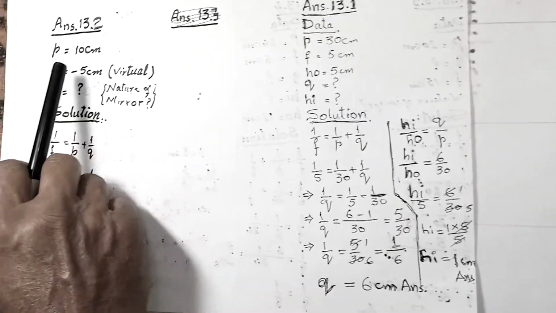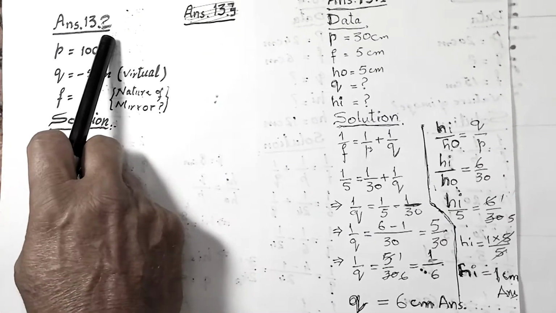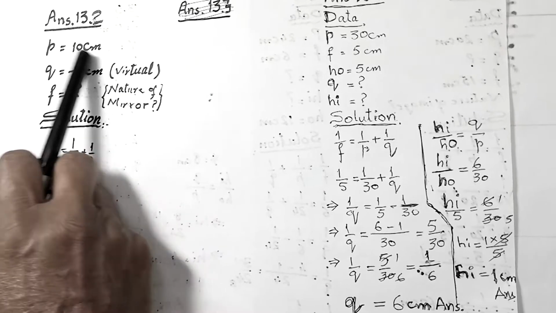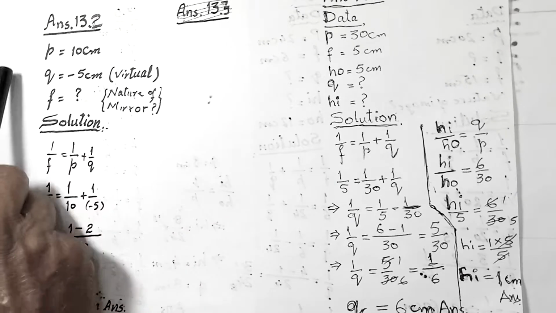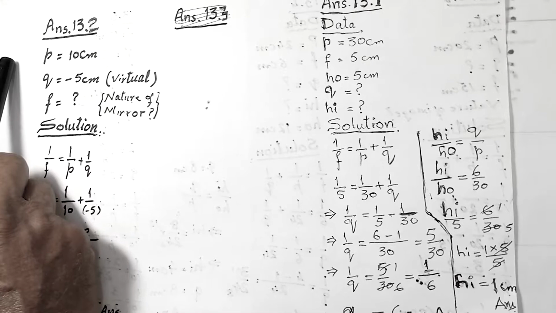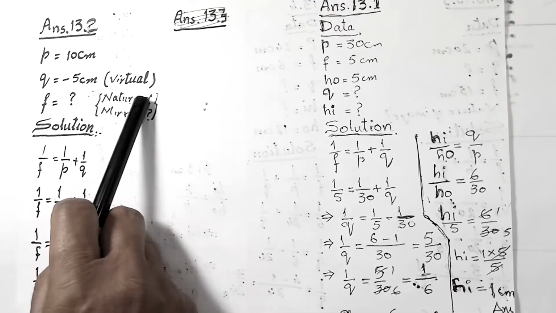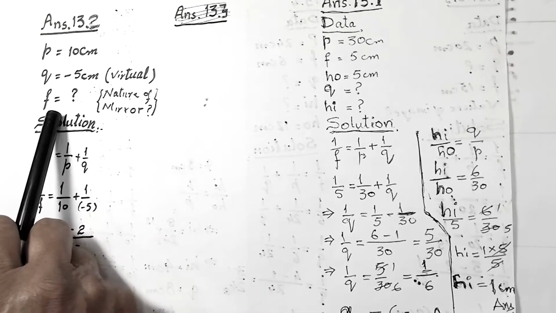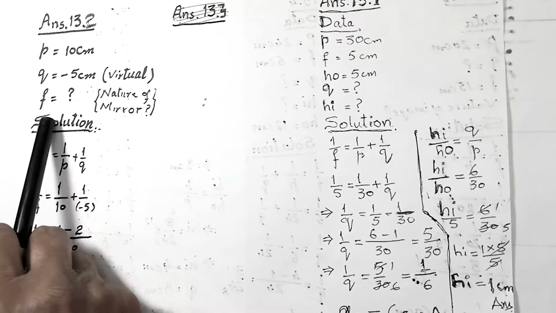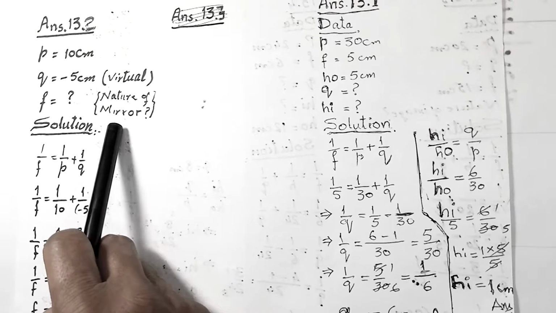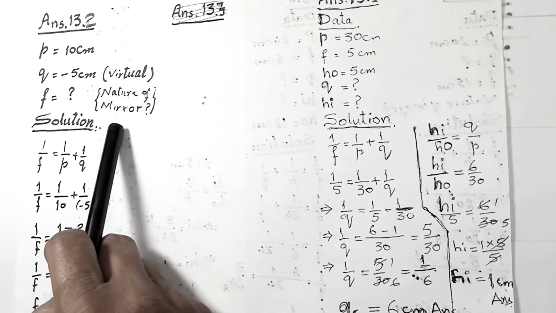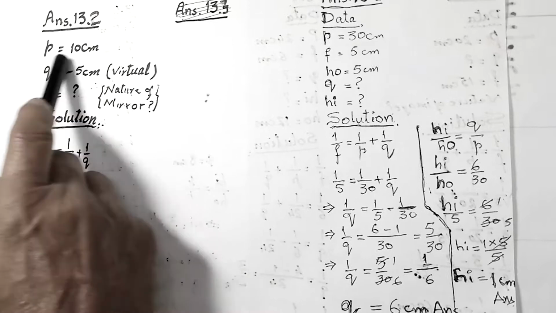Next, numerical number 2, 13.2. Data is P is equal to 10 centimeter, meaning object distance. Q is minus 5 centimeter because the image is virtual. Now we have to find out the focal length, and second, the nature of the mirror, that is, which type of mirror is being used in this process.